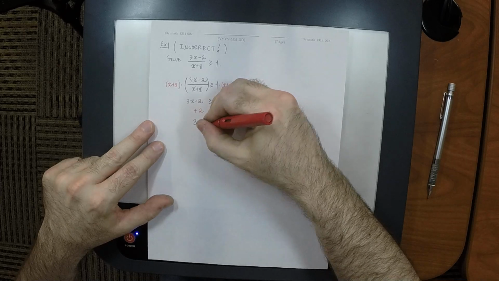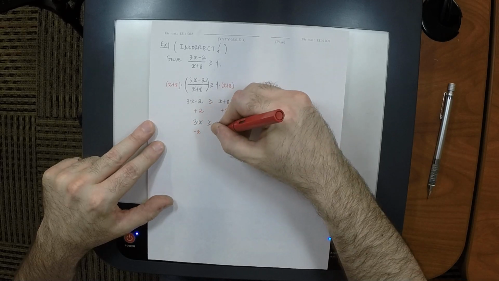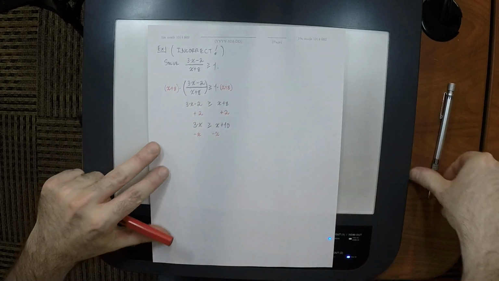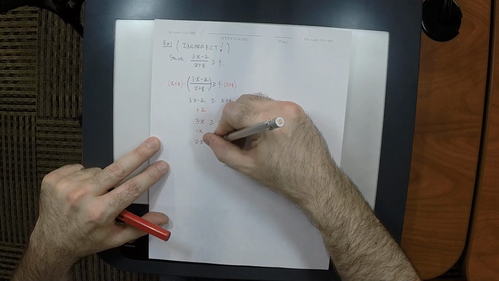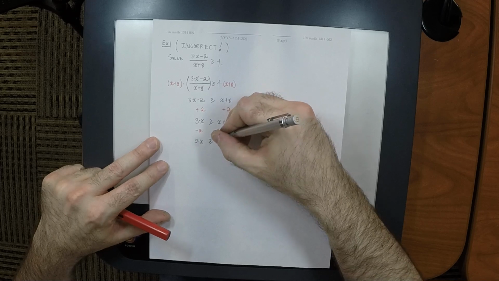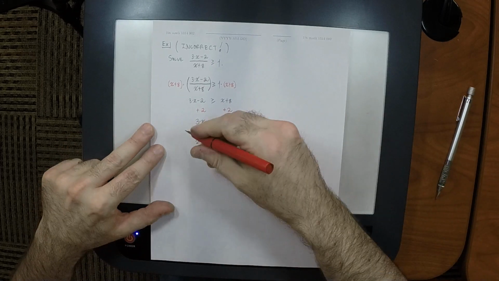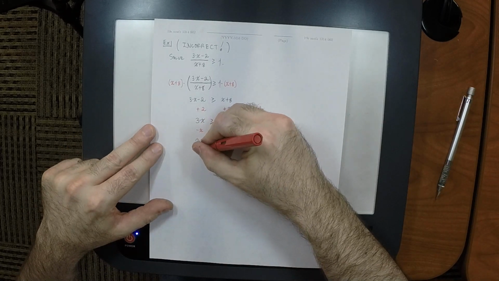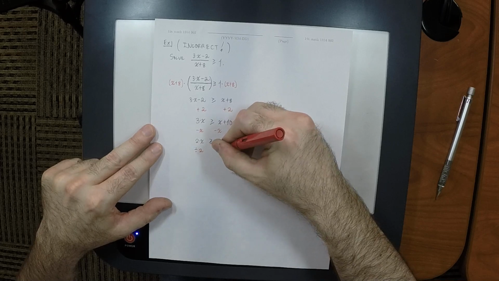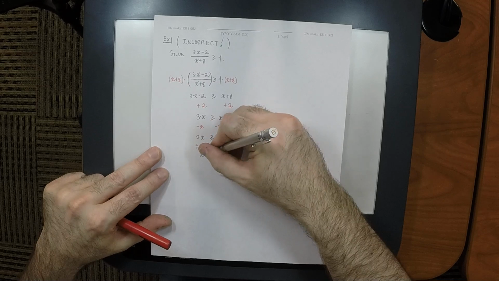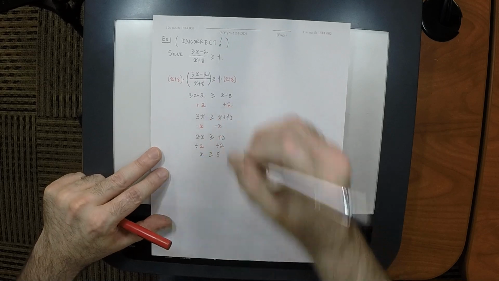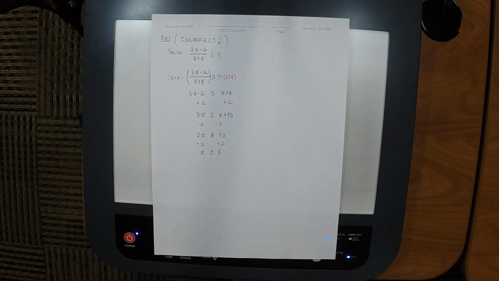And now I'll subtract x from both sides and get 2x is greater than or equal to 10. And then divide by 2, so that x is greater than or equal to 5. All right.